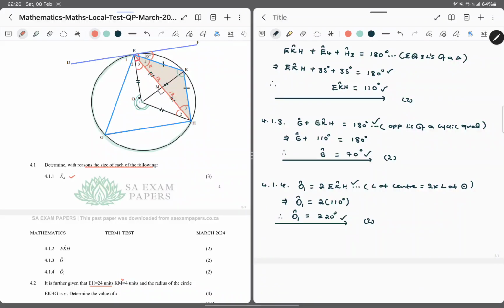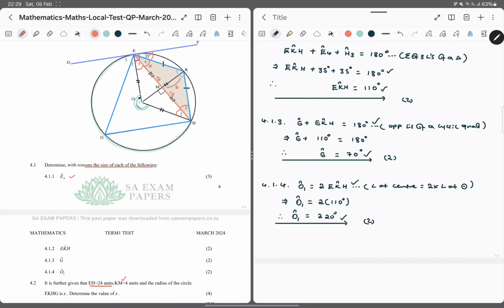And we are told that KM is 4 units. Now if this is 4 units, what does it mean? If that is 4 units, then what should be OM? It's the radius minus 4, because that's still the radius.